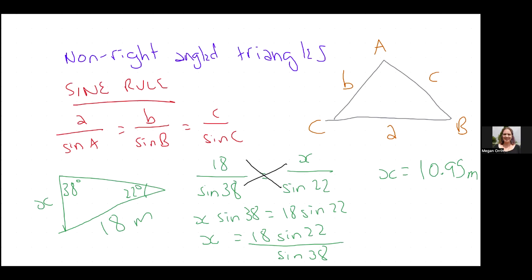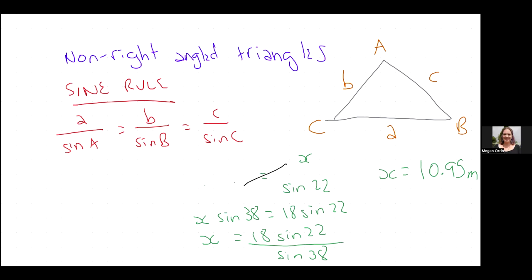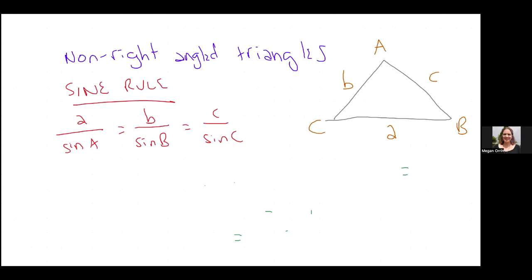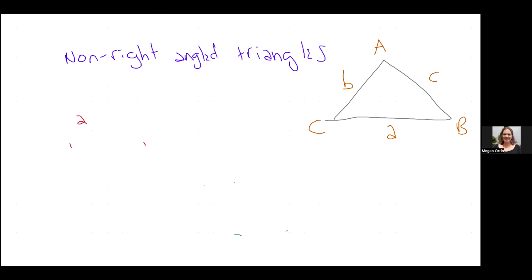All right, what was the other rule we looked at? The cosine rule. Okay, let's get rid of all of this. All right, so I'm going to leave this here because we need the same type of triangle, don't we? But the cosine rule, remember there were two versions of the cosine rule.